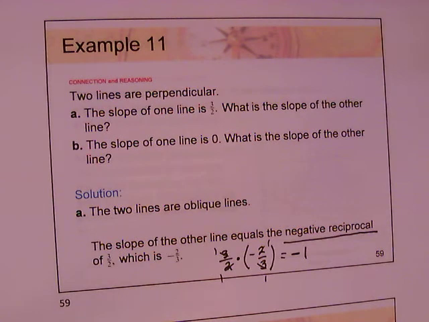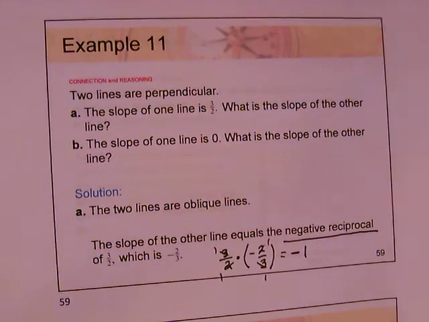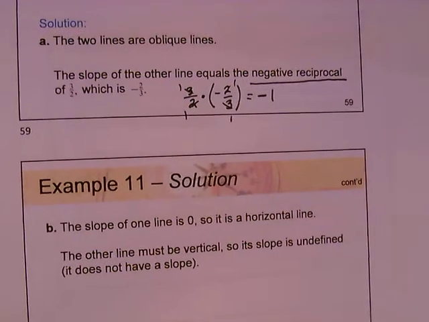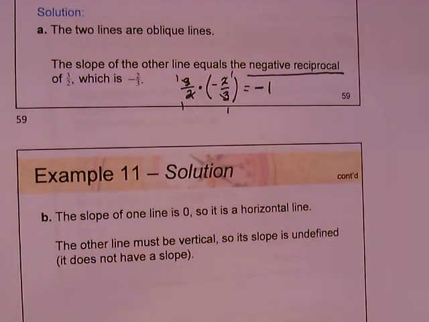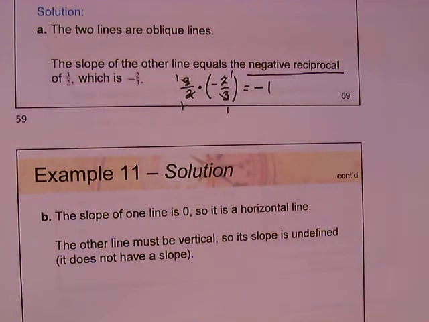And now part B. The slope of one line is 0. So what is the slope of the other line? Okay, so here in this case, if the slope of one line is 0, then that means we have a horizontal line. So with a slope of 0, that line is horizontal.